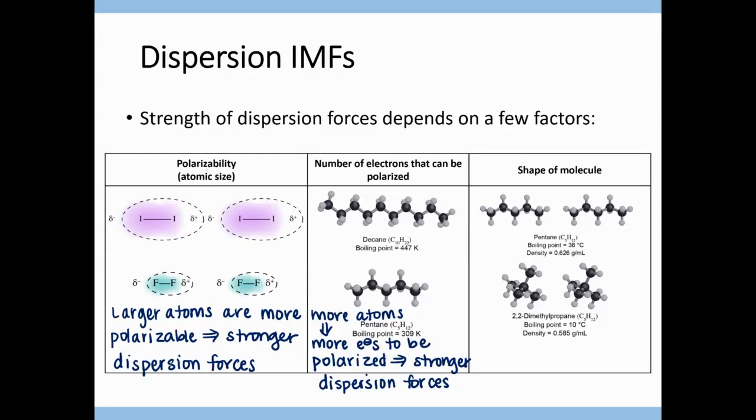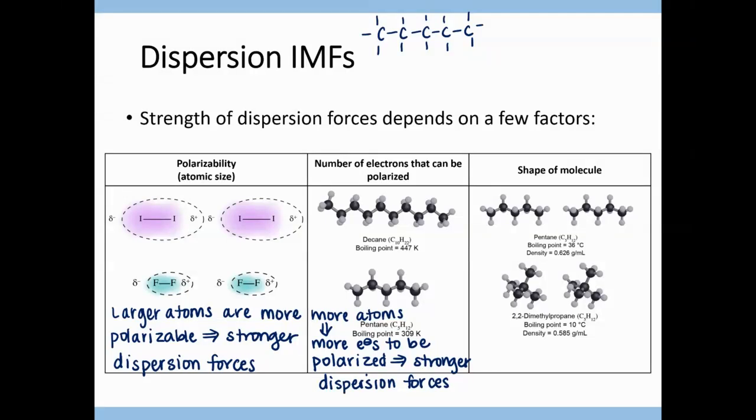And the last feature here is related to the shape of the molecule. So we're looking at pentane, which I'll draw at the top here. It's 5 carbons in a row. It's represented with that ball and stick model, but just to visualize the Lewis structure, I'm not going to draw in the hydrogens, but you can see we've got 5 carbons in a line.